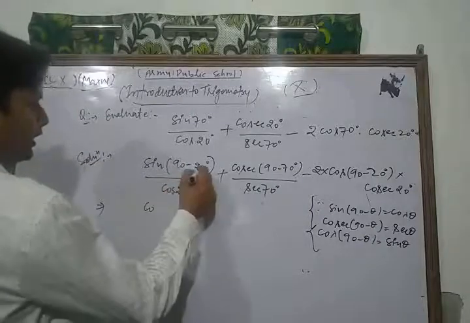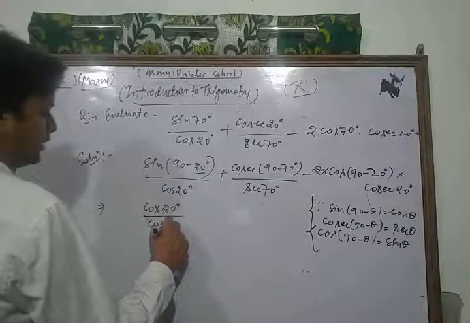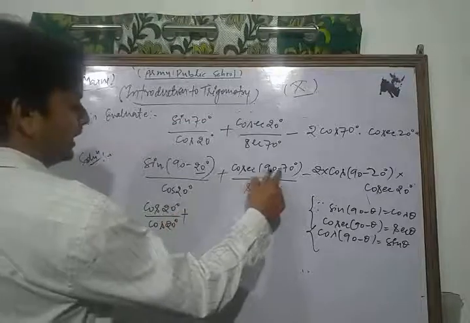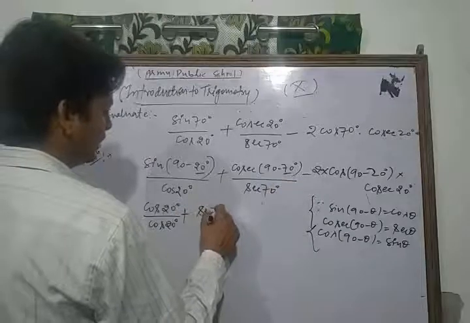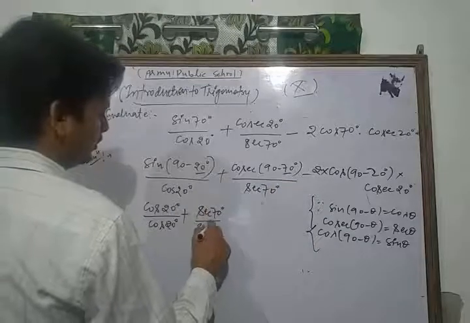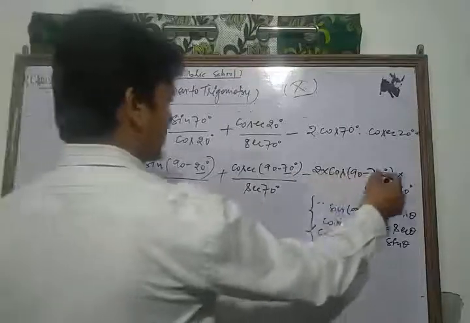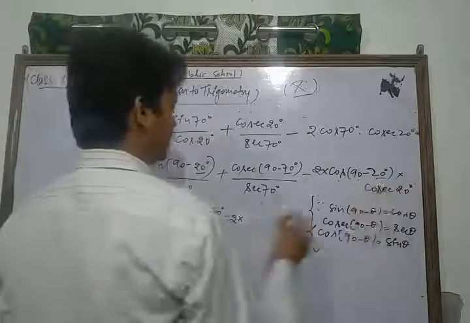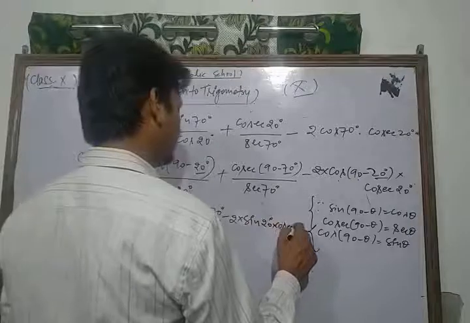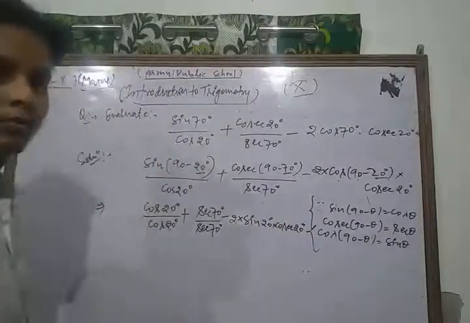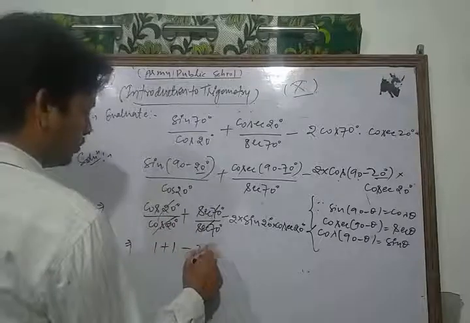Cos theta, and theta here is 20 degree, so we write cos 20 degree upon cos 20 degree as it is, plus cosec 90 minus theta is what? Sec theta. Here theta is 70, so we write sec 70 degree upon sec 70 degree as it is, minus 2 into cos 90 minus theta is what? Sin theta. Here theta is 20, so we write sin 20 and into cosec 20 as it is.